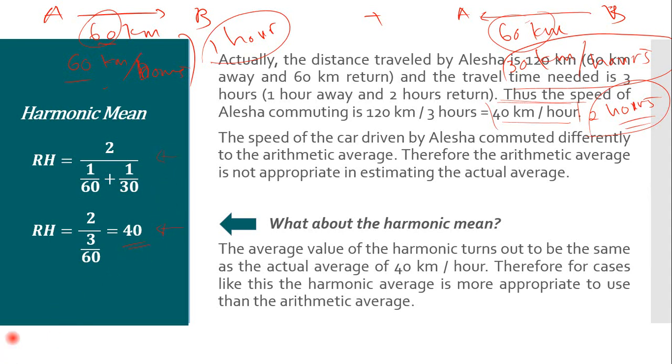The harmonic average turns out to be the same as the actual average. This is the actual and this is the harmonic. Therefore, for cases like this, the harmonic average is more appropriate to use than the arithmetic average.